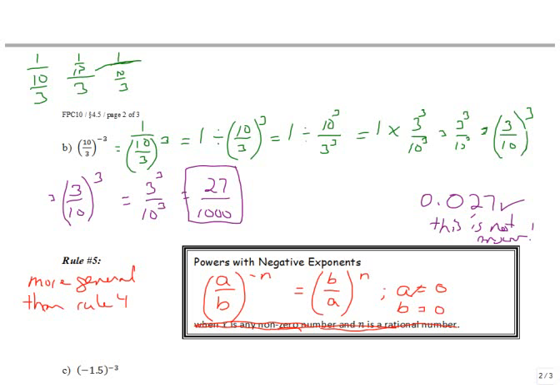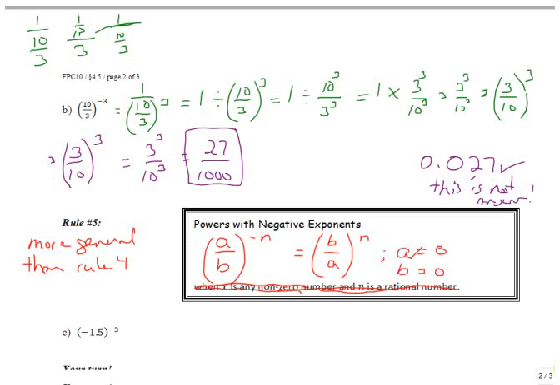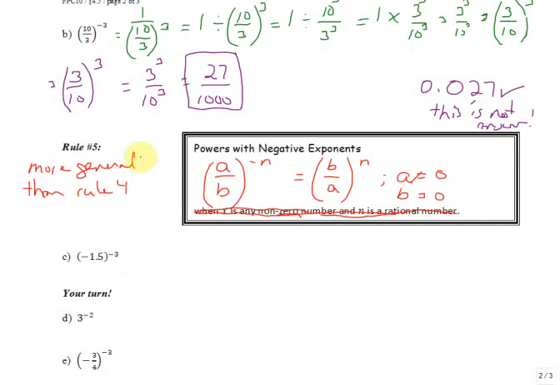First, I want to do one more example of this. Okay, so let's do this example: (-1.5) to the -3. You need to quickly recognize that 1.5 is 3 over 2. So this becomes (-3 over 2) to the -3. I'm going to flip what's inside the brackets. That's what this rule is.